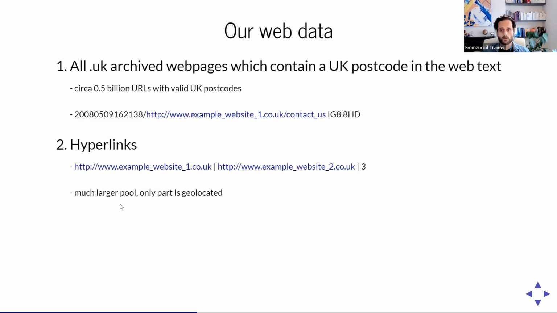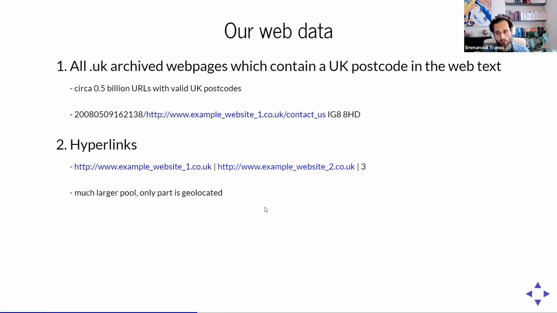The second data set we use, again from the same source, refers to hyperlinks. In essence, we have data that look like this, and we know that there are 3 hyperlinks which start from this website and end at this website.